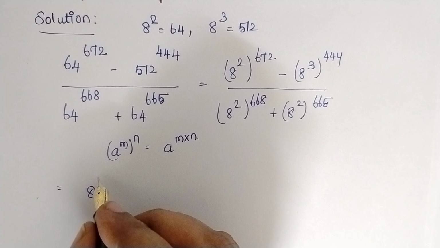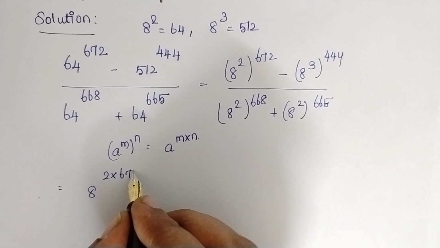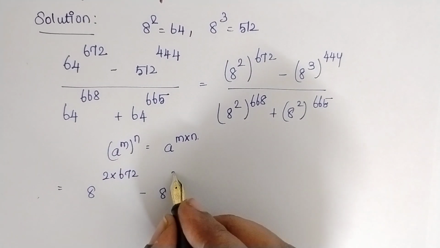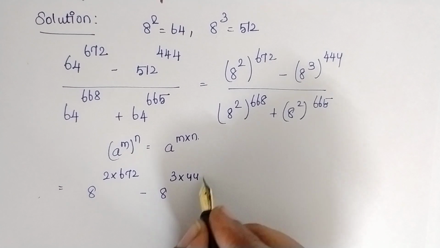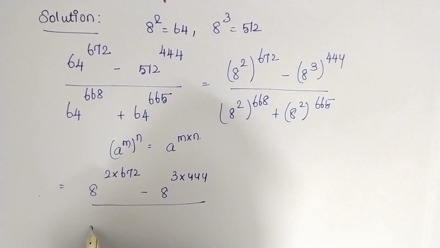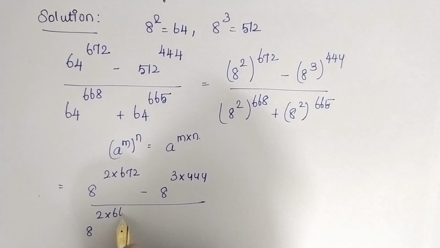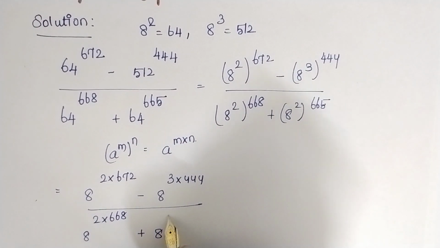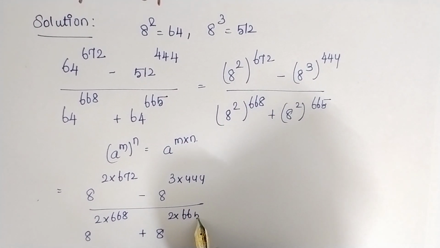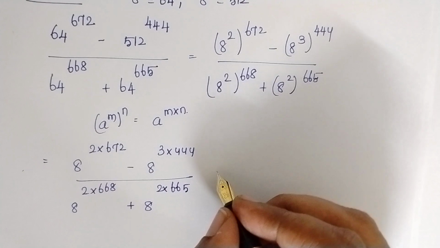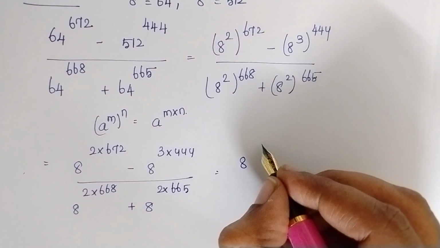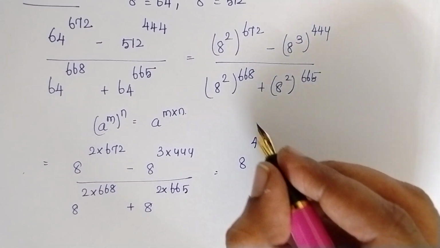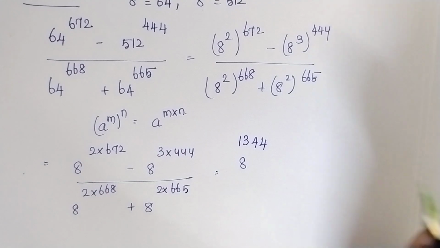Therefore this becomes 8 power 2 into 672 minus 8 power 3 into 444 divided by 8 power 2 into 668 plus 8 power 2 into 665. Okay, so just multiply and write its value. Therefore 8 power, 2 twos are 4, 14 balance 1, 12 plus 1, 13.